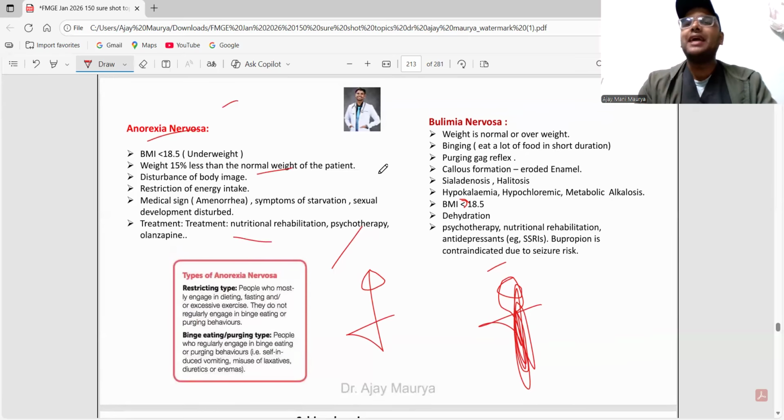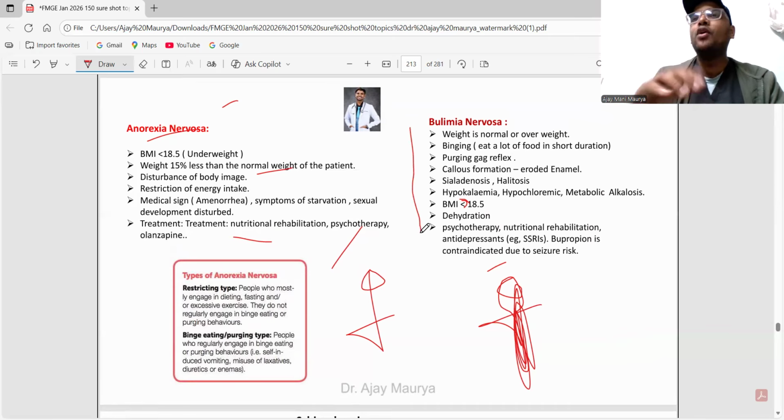Bulimia, what is bulimia? Bull, meaning eating like a bull. This guy will eat more food in a very short duration. While he is eating, he doesn't mind anything, whether he's fatty or very thin, and he eats all the food within a short time.